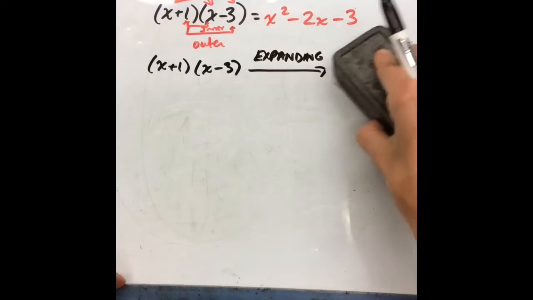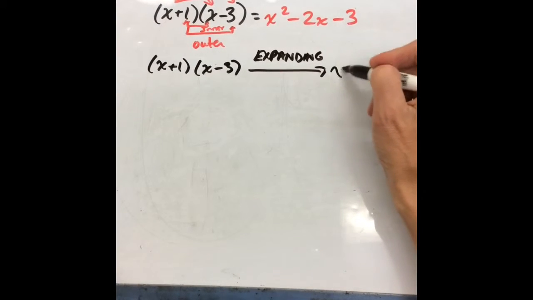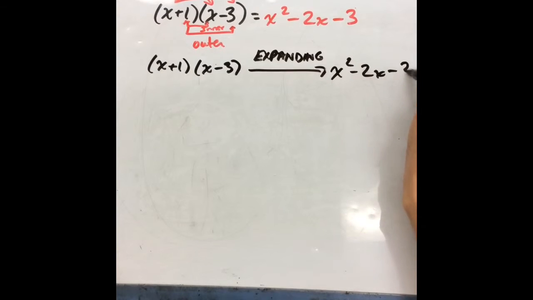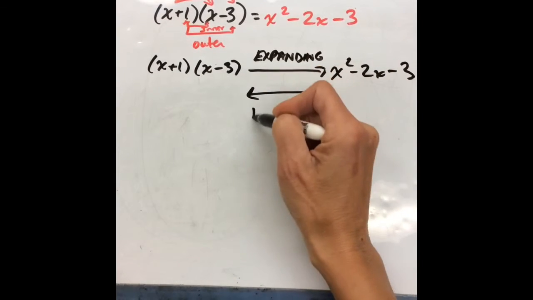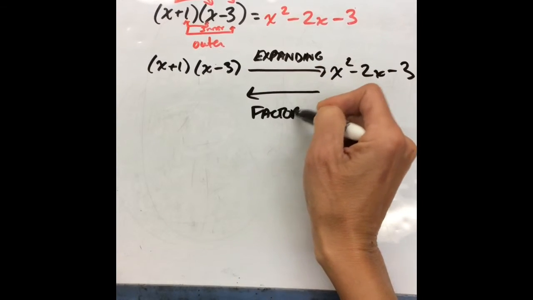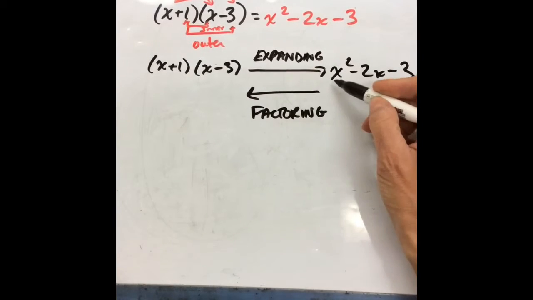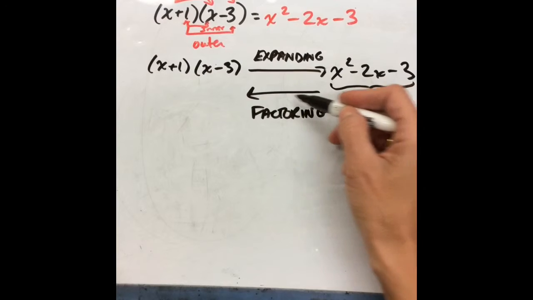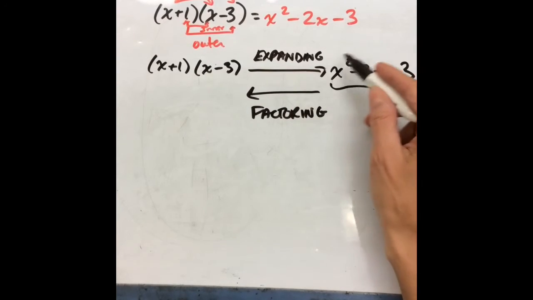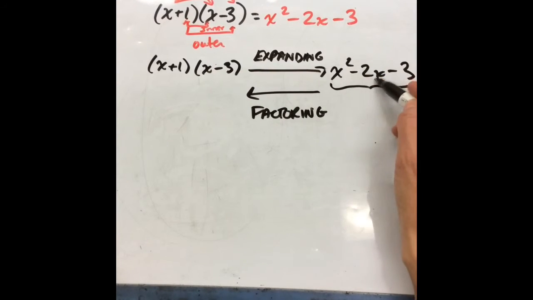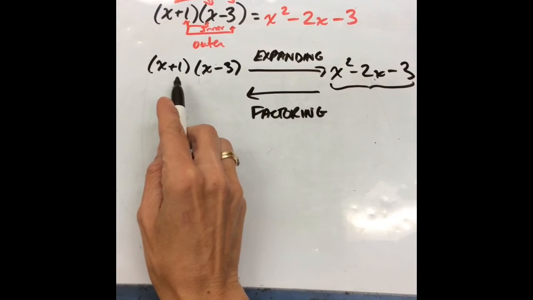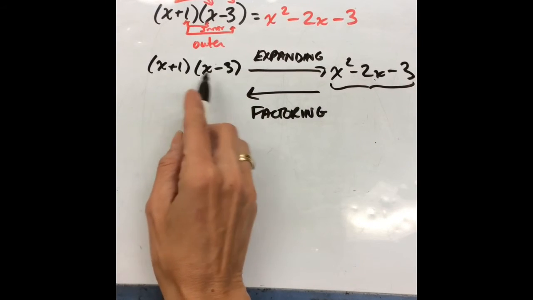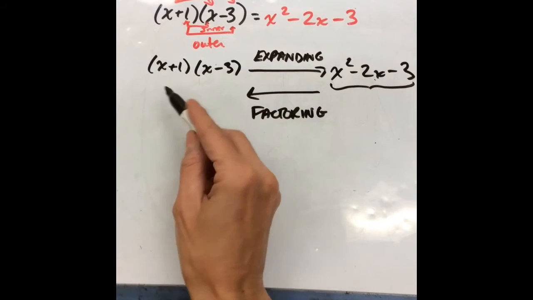And the opposite, going the other way, which is what we were going to learn today, is called factoring. Factoring means I am given an expression like this, and what I want to do is find the factors that got me this expression. So it would be this way. What are the factors that will give x squared minus 2x minus 3? Factoring will bring us to the original question here.